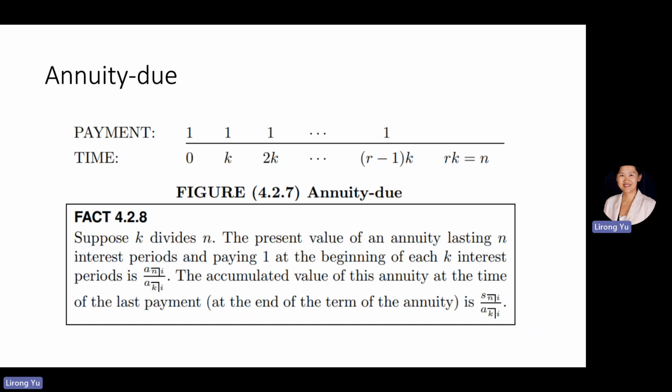If you have R payments, but these payments are annuity due, so you have a $1 payment at time 0, time K, time 2K, and time (R minus 1)K. And there's no payment at the final time N, because it's annuity due. You pay the payment at the beginning of the payment period. The length of the payment period is K.